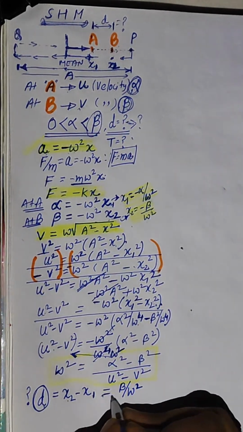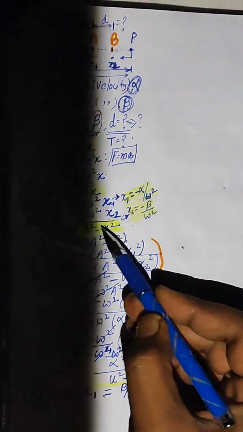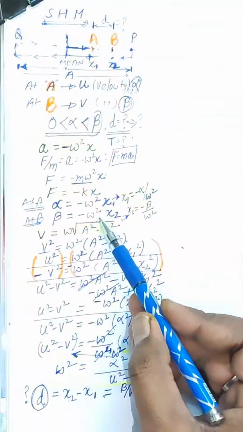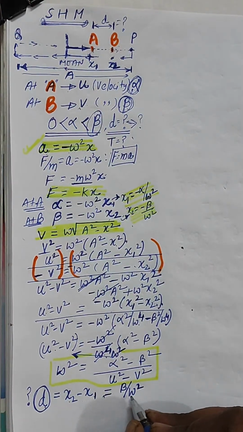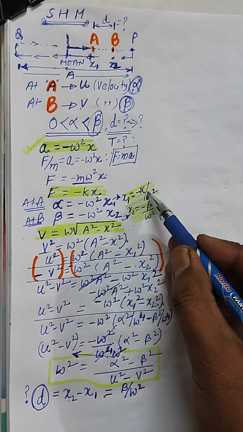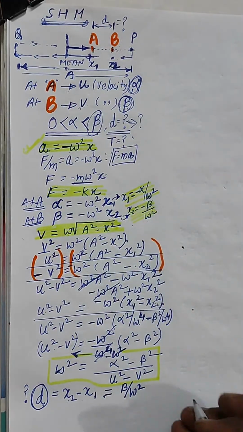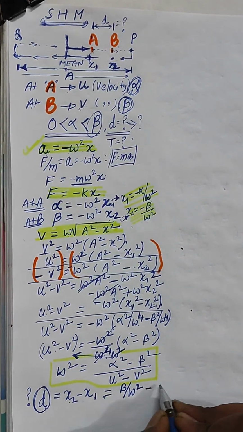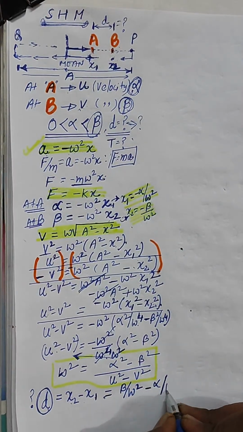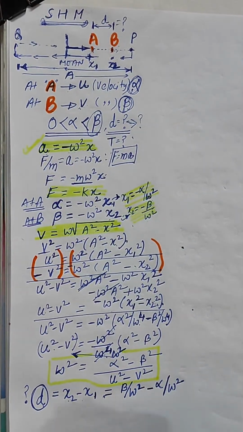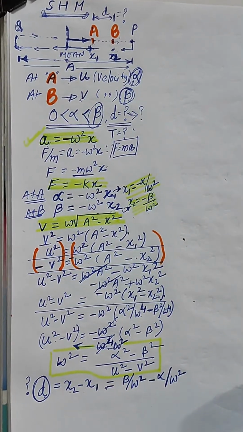I'm just taking the magnitude, that's why leaving the negative sign from here, right? Thank God power is restored. Sorry for the inconvenience, my dear friends. So it will be beta by omega square and x1 will be alpha by omega square, right? So just write it over here, minus alpha by omega square, right?